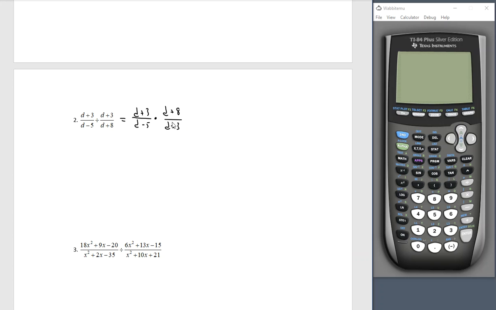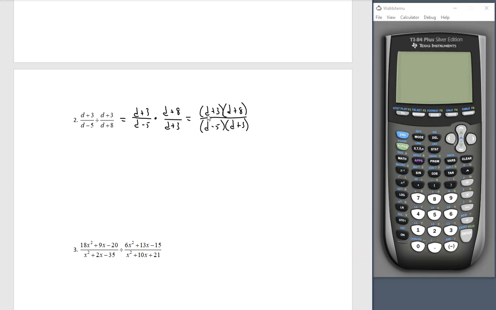Now, if it helps, and this is why a lot of people will write these into a single fraction first, because when you multiply them, the parentheses come naturally. All right, I want all of d minus 5 multiplied by all of d plus 3. So switching those two steps that I mentioned earlier sometimes are helpful to make sure that you can factor things.